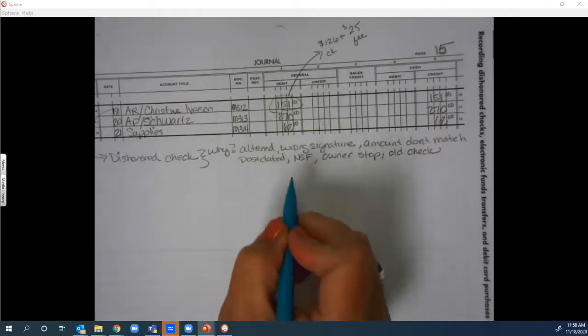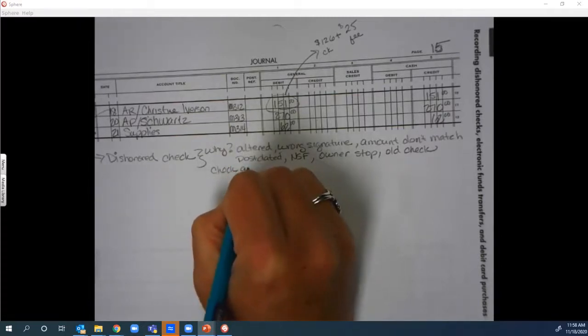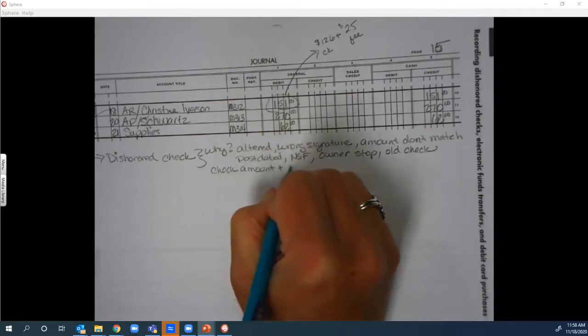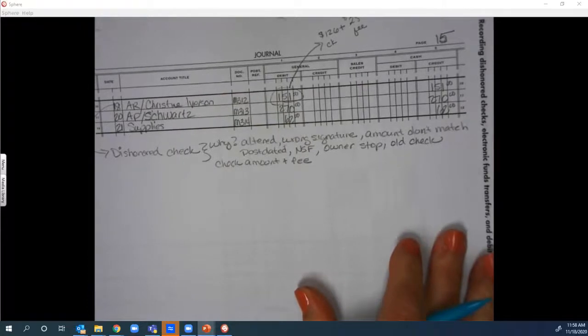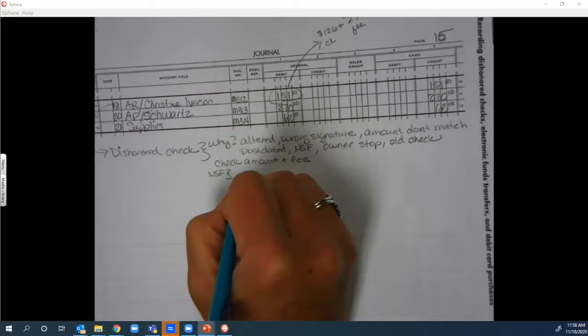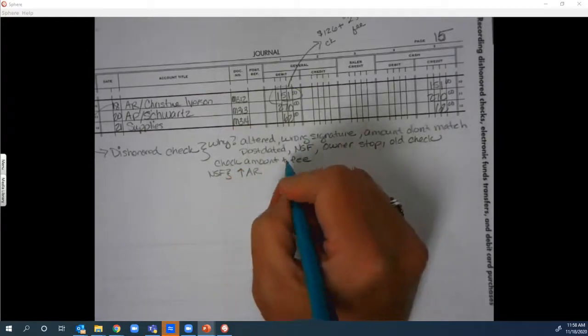Okay, but if it is for NSF or some other reason that your bank charges you, you will need to make sure you pay attention to the check amount plus a fee if there is one. Okay, in our example, we are using an NSF check, right? And for us, we have to reverse that AR and increase it and decrease the cash.